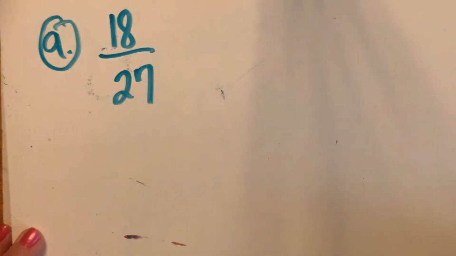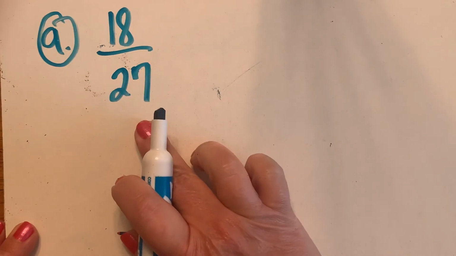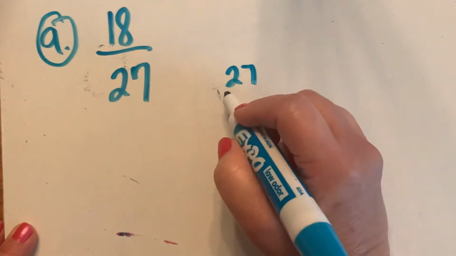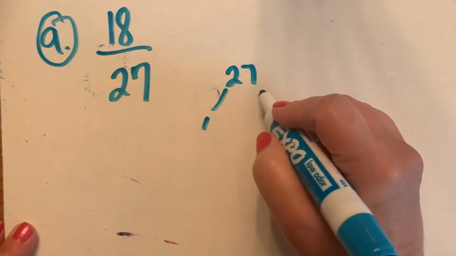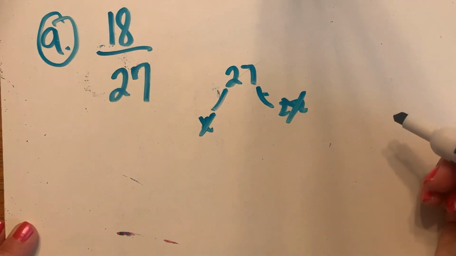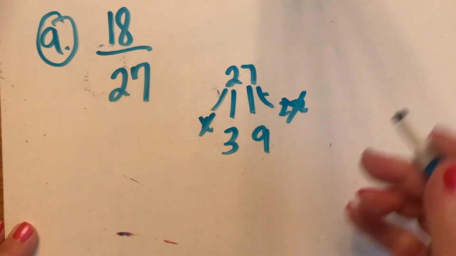18/27. 18 will not go into 27. Now, not many things are going to go into 27, right? So let's think about what goes into 27. We've got 1 times 27, which we're not going to use. Won't go into 2. Then we've got 3 times 9. We're finished.